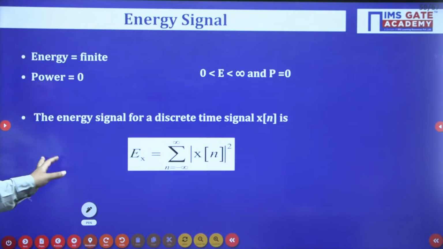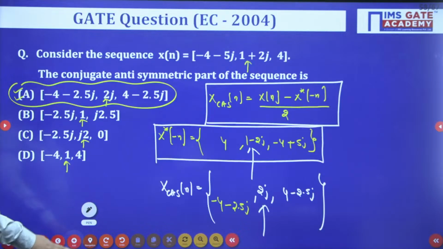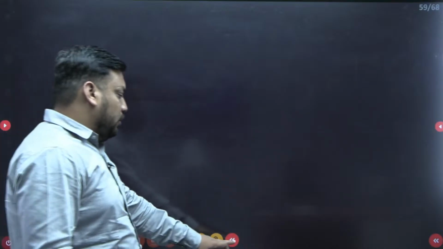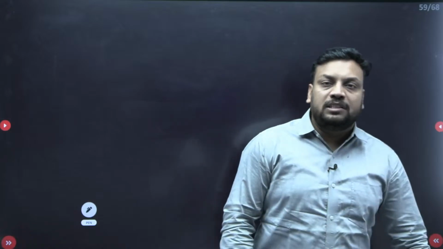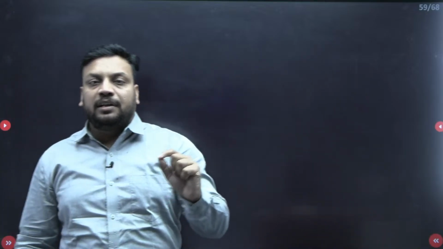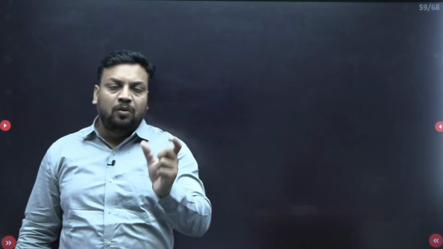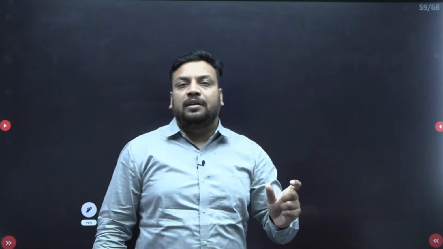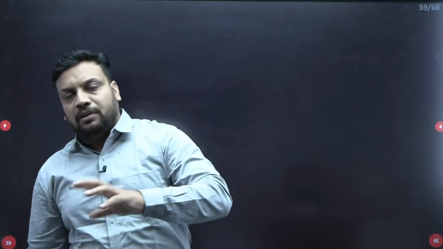So now students will start the energy and power signals, but before that, in the continuous time domain, the energy and power formulas involve integration. Integration from minus infinity to infinity of mod x of t whole squared dt gives you the continuous time energy formula. Similarly, if I divide by the overall time, it gives the power formula.